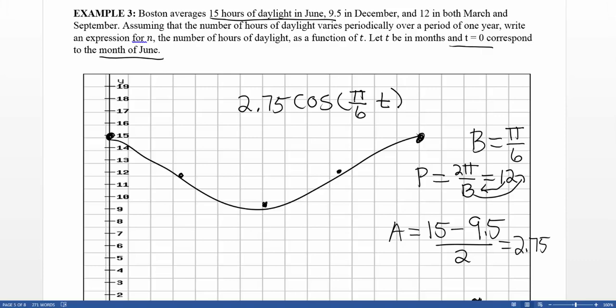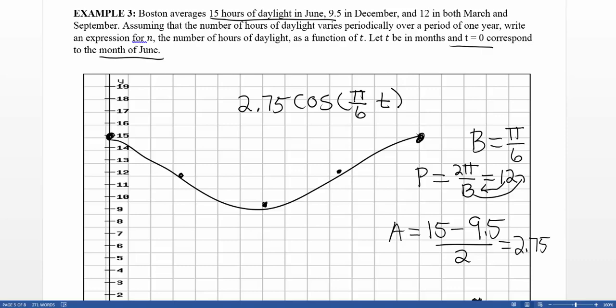Now I have to figure out if it was shifted. This is certainly not symmetric about the x-axis. Instead, I'm varying between 15 and 9.5. So again, I can figure out my shift either by reasoning through it or using the shortcut.